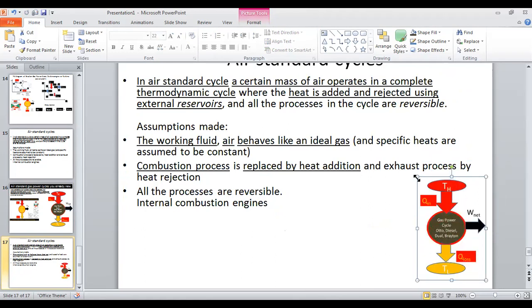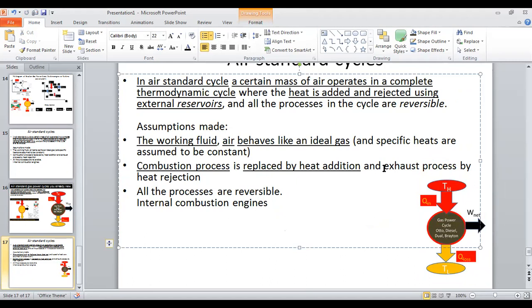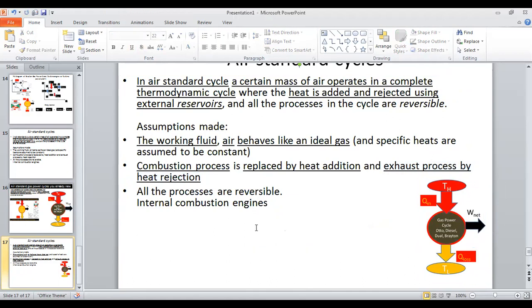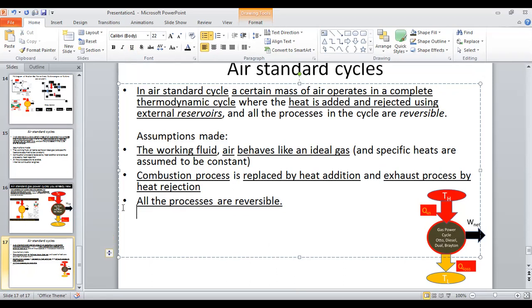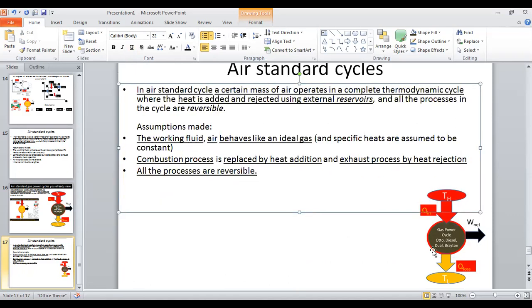And the exhaust process is replaced by heat rejection. So these are the assumptions. Of course, all the processes are reversible. So we will consider these things, and this is quite okay.